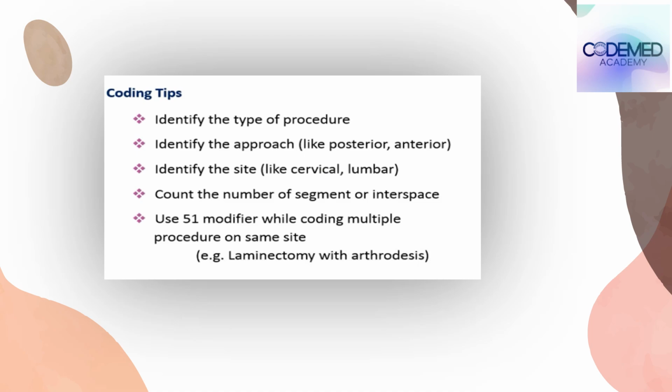Then we have to count the number of the segments and the interspaces. And we will use the modifier 51 while coding multiple procedures on the same side. So if you have done the laminectomy, that is we have removed the lamina and then the patient underwent arthrodesis, then at that time we will have to use the modifier 51.